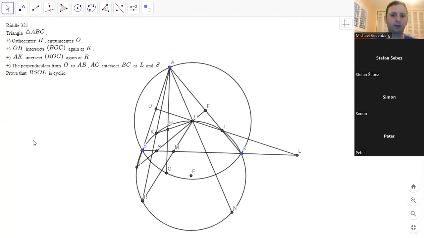Can we use Menelaus for that? We'd want to show NO over NA times AK over KR times RM over MO is 1. It might be a little tricky.